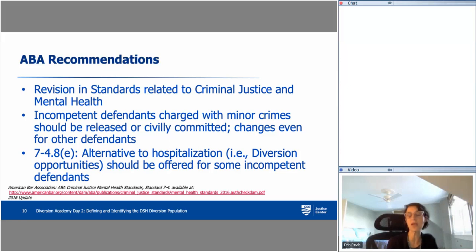That was a great way of telling lawyers there are other alternatives that would be within the standards of good lawyering. Next slide.